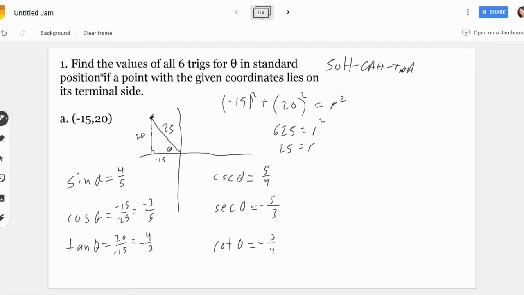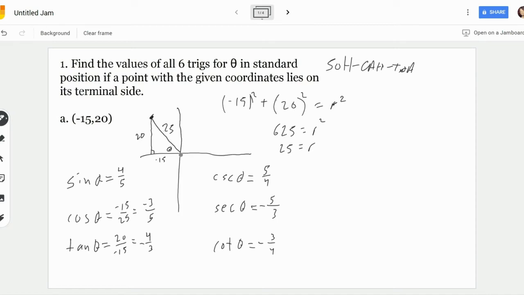And we did it. We found the values of all the 6 trig functions for theta in standard position if a point with the given coordinates lies on its terminal side. One key thing is that wherever you put the point, the ordered pair, you draw a line from the origin, because then it looks like a terminal side of an angle of rotation.